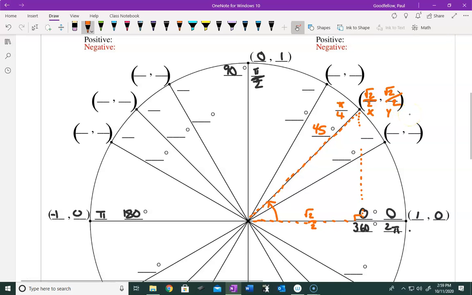And that's the name of that coordinate in that spot on the unit circle. Okay? Now remember, we call them x and y, but this is also what cosine is and this is what sine is, because cosine is x and sine is y. Get that in your brain.